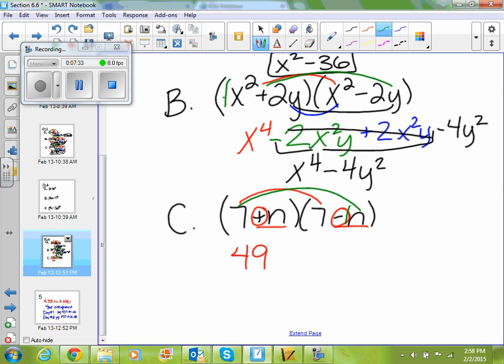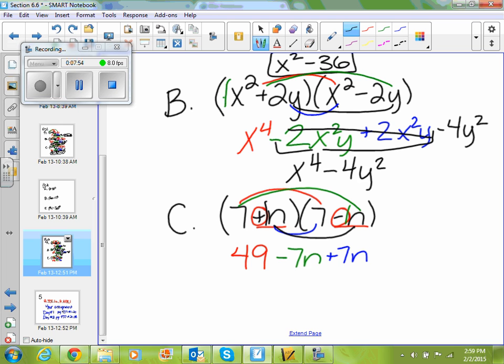7 times a negative 1n is negative 7n. Okay. Then a positive n times 7 is positive 7n. And then positive n times negative n, we're multiplying.